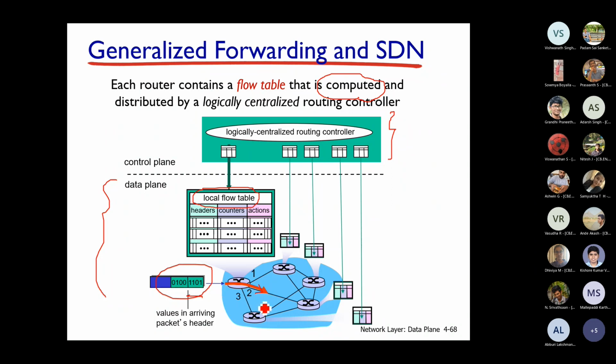As per this, I am explaining here. Then, if it is coming in another range, it will be rerouted to another pathway.